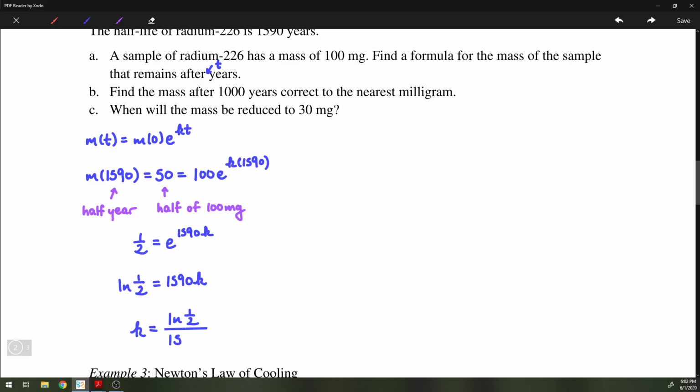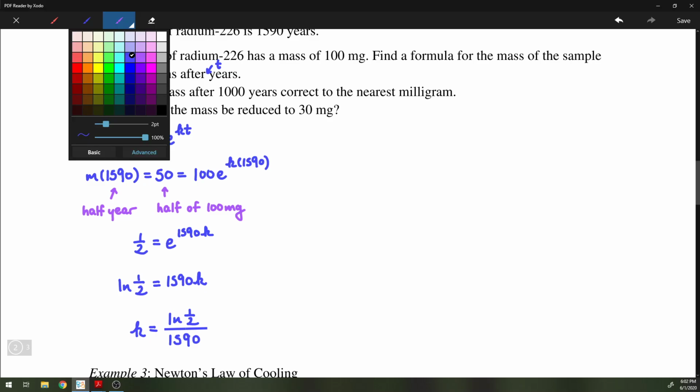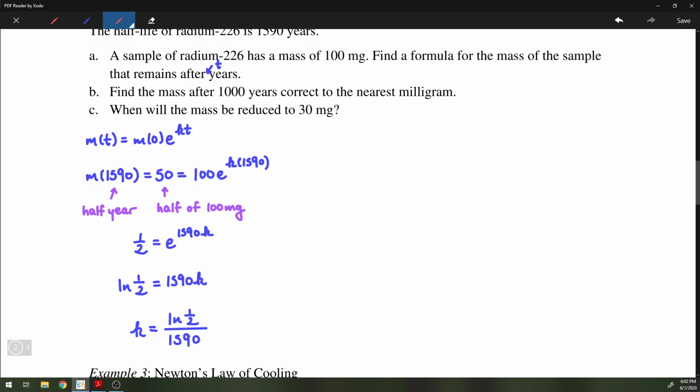Now, of course, we are going to substitute this back into the original equation. So m of t is equal to 100, the original sample size, times e to the ln 1/2 all over 1590 multiplied by t.